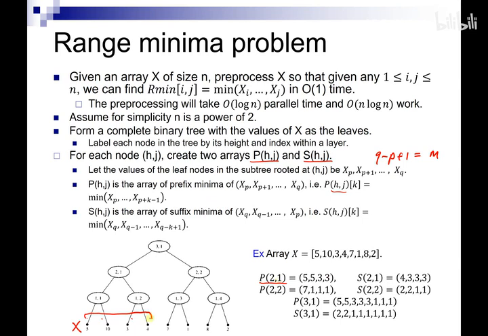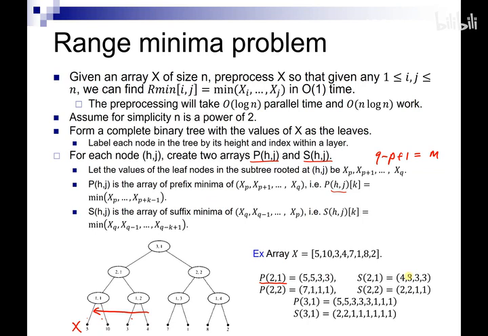Now, what about the S array? For the P array, we were starting at the first value over here, and we were looking towards the right. Now for the S array, we're going to start at the final value over here, and we're going to look towards the left. And again, we're going to take mins. So for the S array, the first value is just going to be the minimum of this value, so that's just 4.